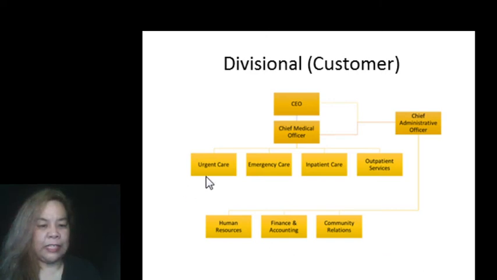So for instance, they have patients who are classified under urgent care. They offer services catered to patients under emergency care, inpatient care, and also outpatient services. So common to complex organizations that have diverse operations, like hospitals or healthcare facilities.